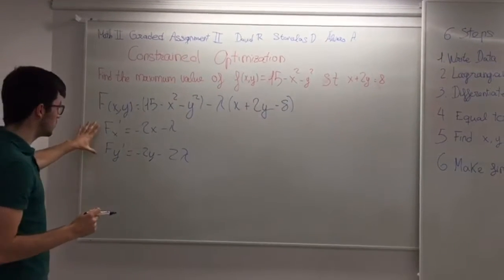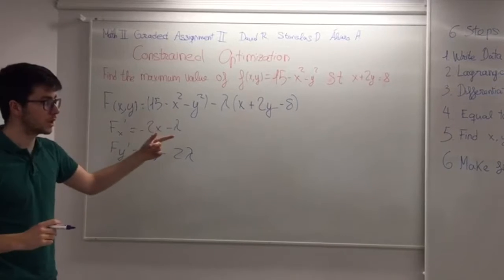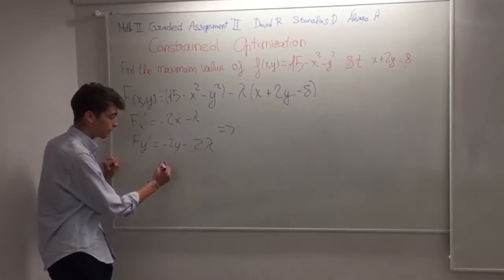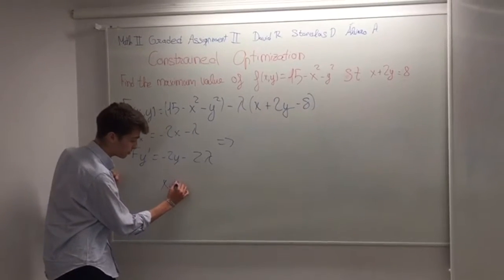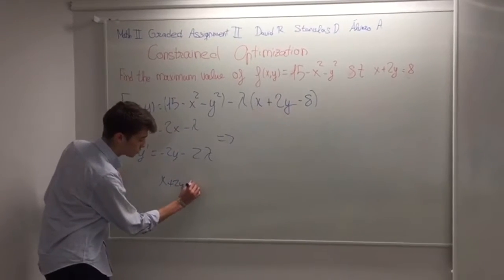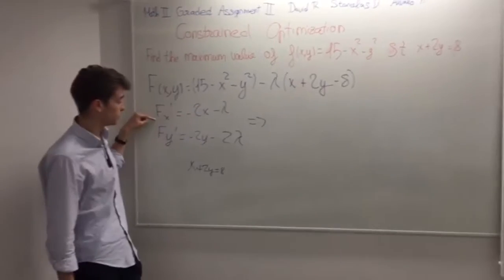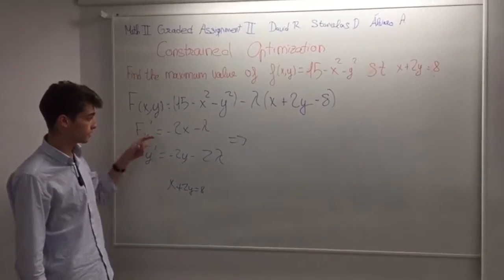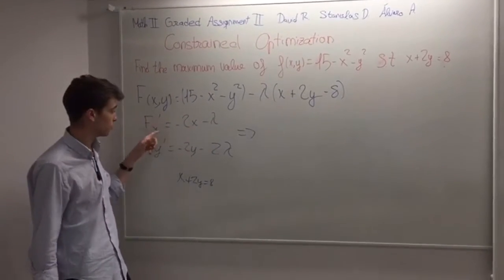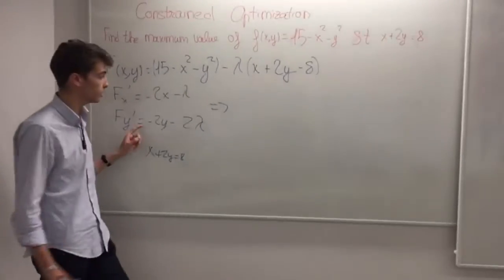And that is the differentiated function, and now we will make it equal to 0 and solve. So we write the constraint function, as we will need to plug in the answers that we get after setting the derivatives of x and y equal to 0.